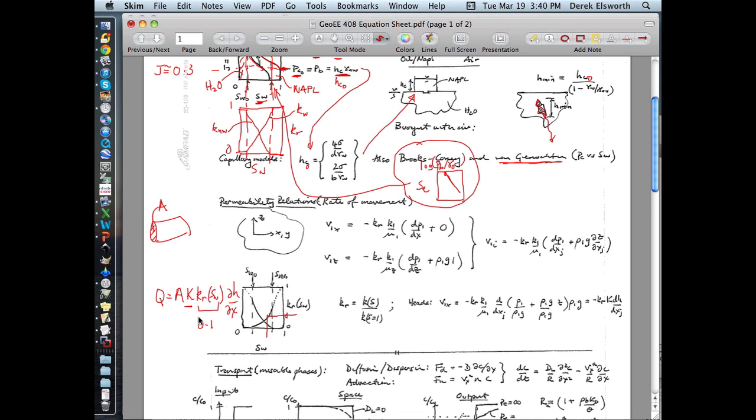And so I think it's easier conceptually to be able to calculate what the flow rate of the NAPL would be, or this would actually be the flow rate of the water in this particular case. If you know the hydraulic conductivity of the system when it's 100% saturated with water, say, and if you know the cross-sectional area of your core, if you know what the relative permeability is, just going to be a number between 0 and 1, and if you know what the hydraulic gradient is, it allows you to calculate the volumetric flow that will occur through your system.